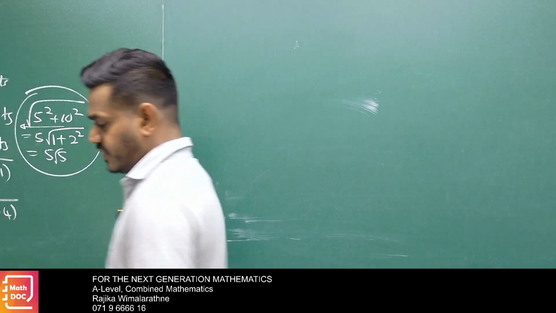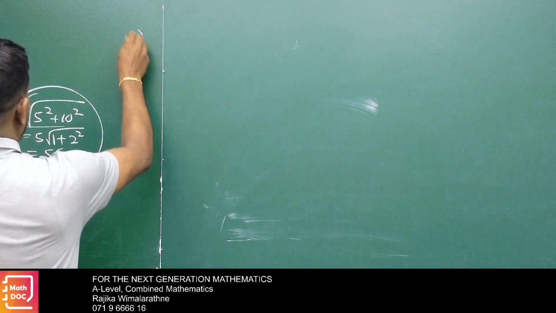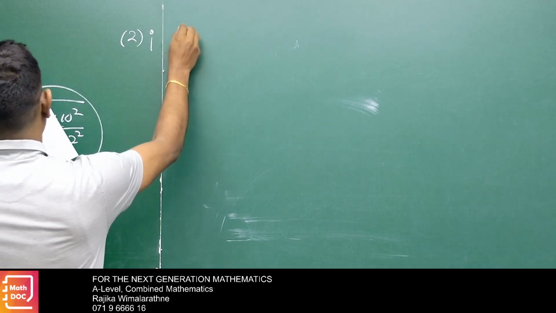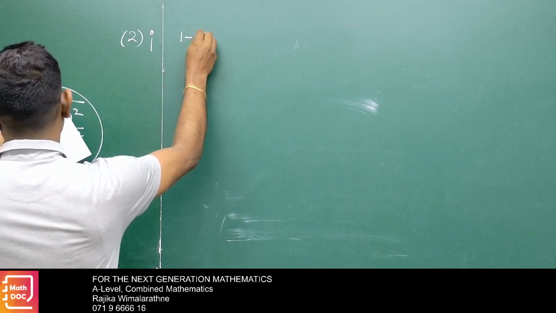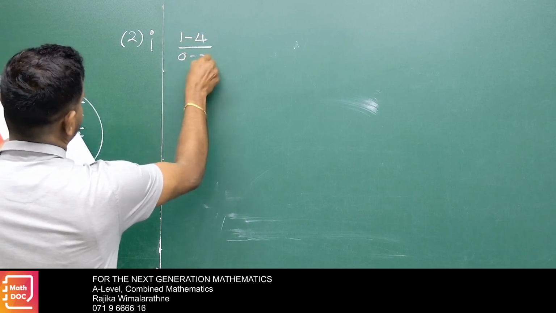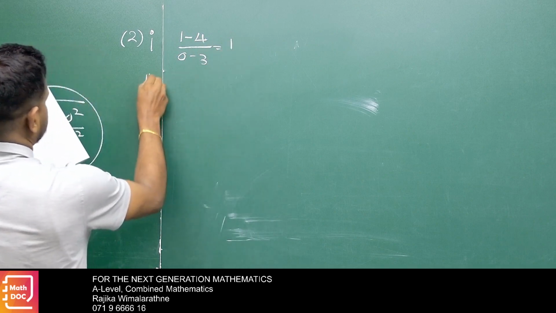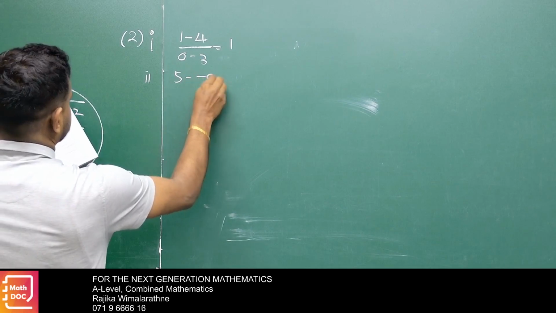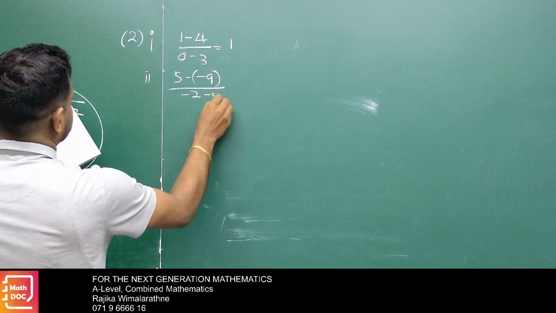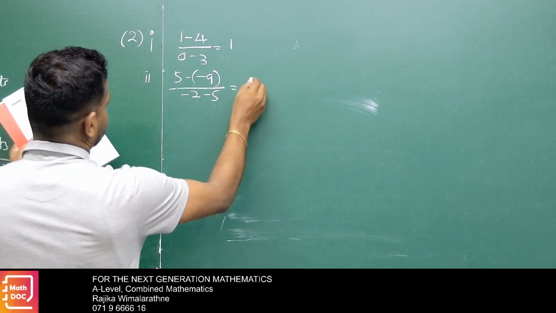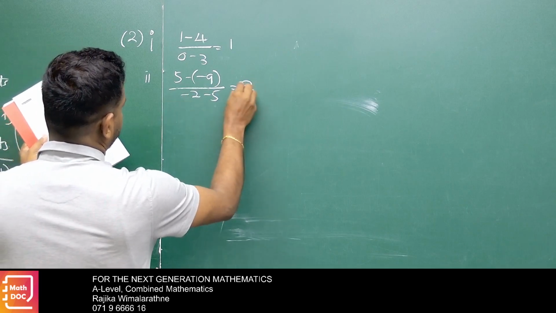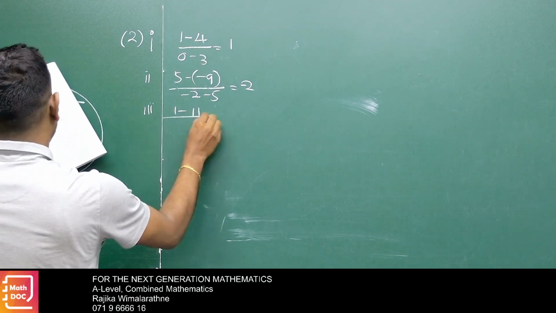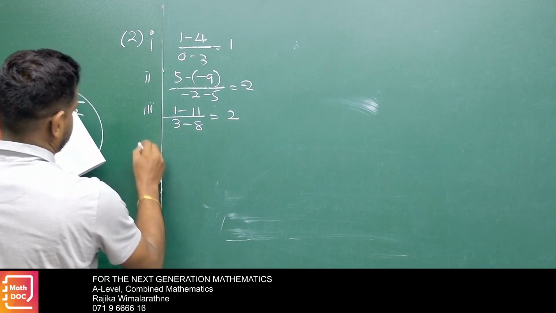Then question number 2, we have to find the gradient. Gradient means y difference over x difference. 1 minus 4 over 0 minus 3, that is 1. Here it doesn't have any unit. Then 5 minus 9 over minus 2 minus 5. Then here minus 2. Third, 1 minus 11 over 3 minus 8, that is 2.